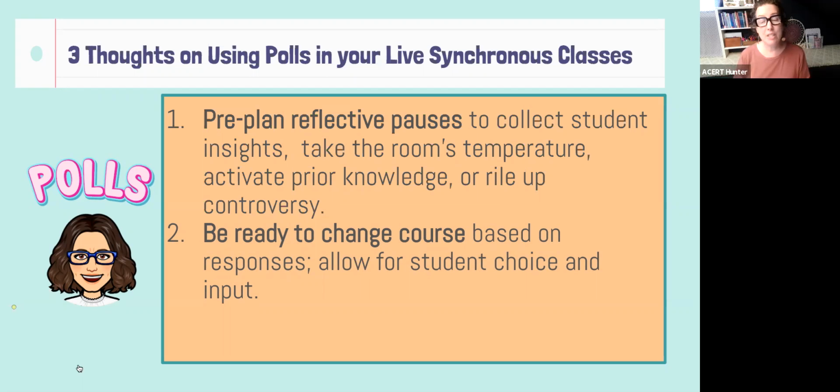Or it could be a decision you're trying to make about next week and what to post for the next class. So it can be a quick way to get feedback that will help you in that moment, maybe change course. Not so much that you're going to find new materials at that moment, but you can decide how you might use a section of time or move forward to the next class based on their responses.